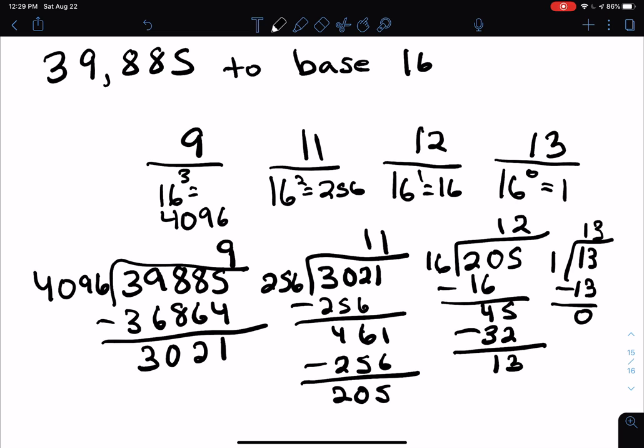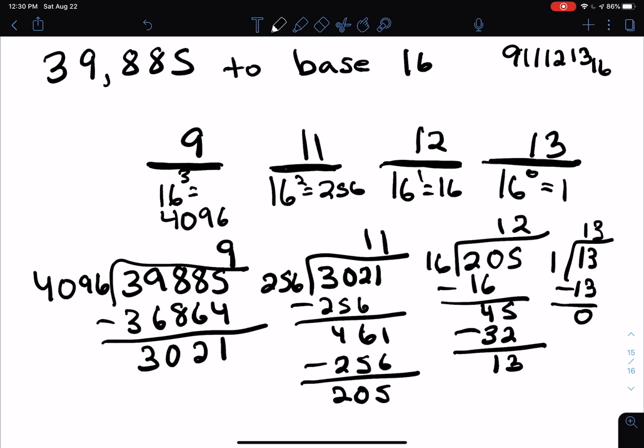Now, if you were to try to write this as like 9, 11, 12, 13, base 16, that would not be correct. Because suddenly that would be a very different number. Because suddenly you would be having 1, 2, 3, 4, 5, 6, 7 place values. And you're not supposed to. You're only supposed to have 4 place values based on what we looked at here with the powers of 16.